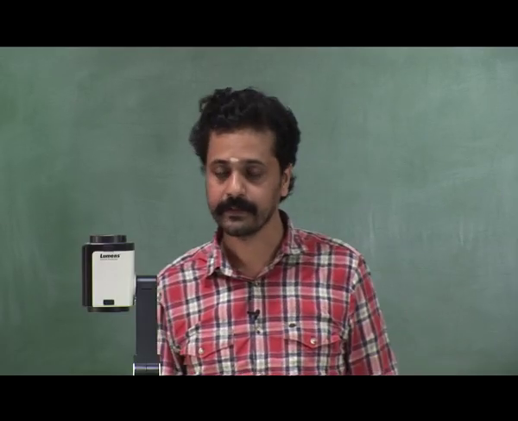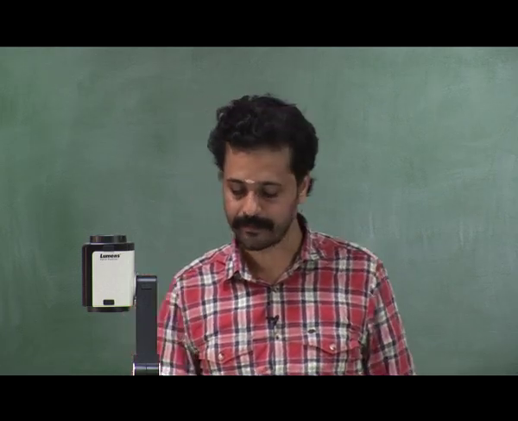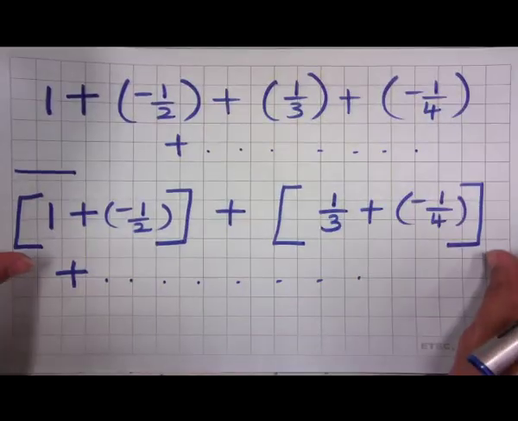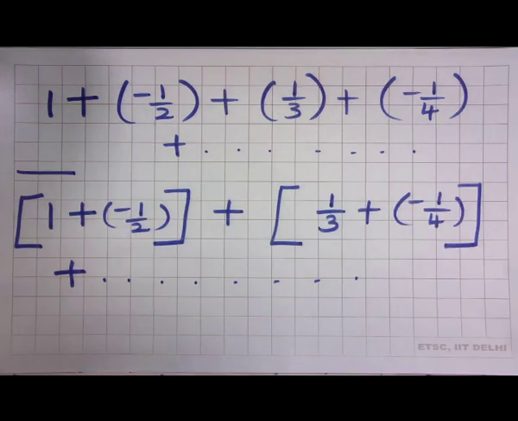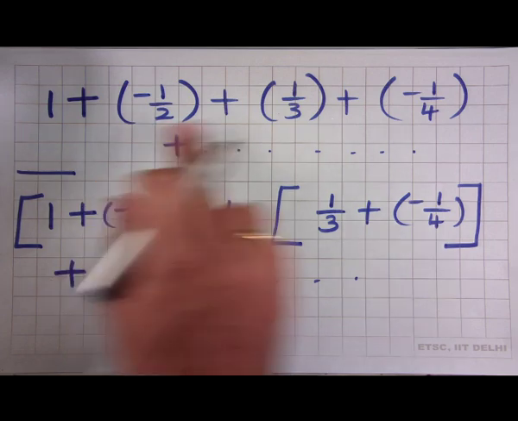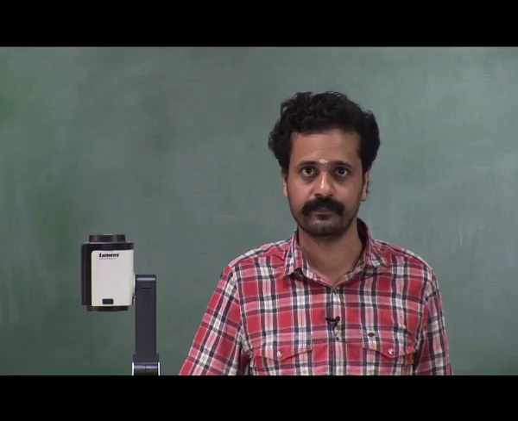On the other hand, let us deal with the same sum in a slightly different manner. Recall, the infinite sum we are dealing with is 1 plus minus 1/2 plus 1/3 plus minus 1/4, etc.